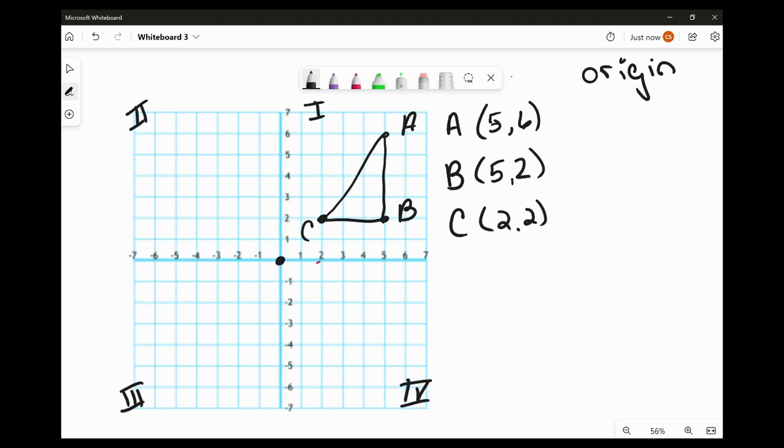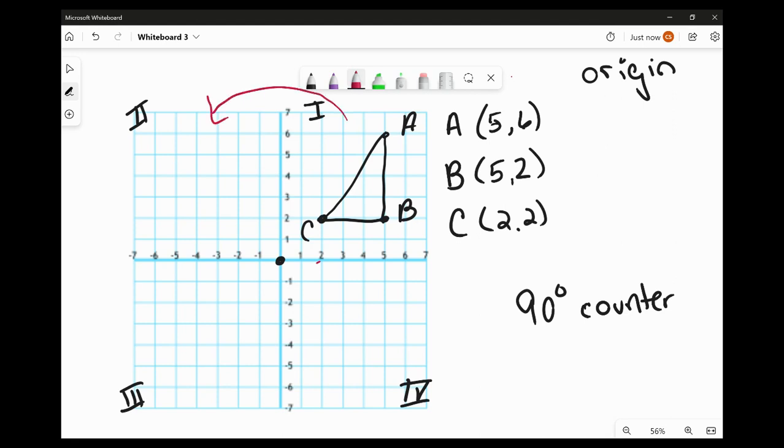All right, we're going to do 1 point at a time. In this case, I'm going to show you how a 90-degree rotation works. So I'm going to say 90 degrees counterclockwise about the origin. If I take point A, which is 5, 6, and I rotate it 90 degrees counterclockwise about the origin, it would rotate 1 quadrant.